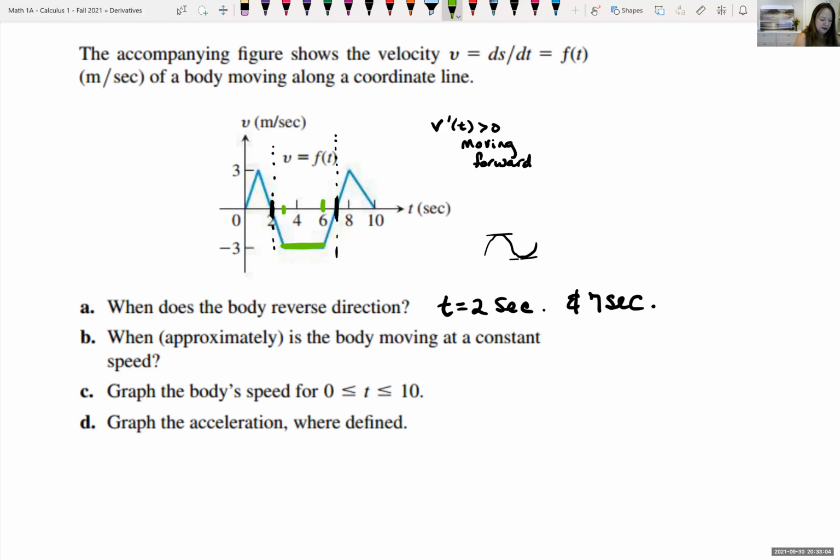So it looks to me that it's moving at a constant rate between 3 and 6 seconds.